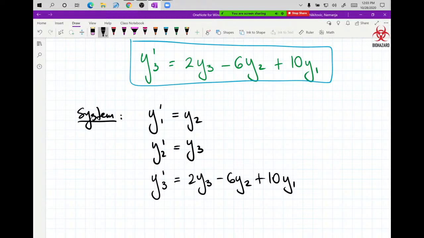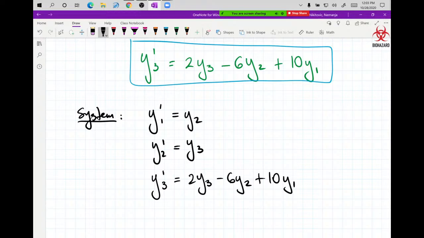You eliminated the second and the third derivative from the problem, and now you're dealing with a system of equations with three unknown functions, and you're going to come up with y1, y2, and y3 eventually.